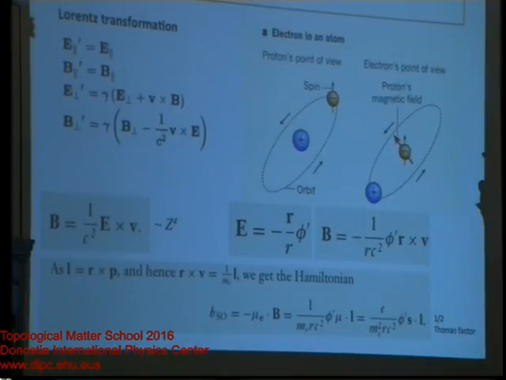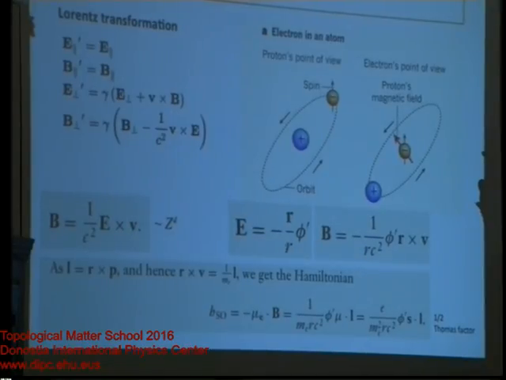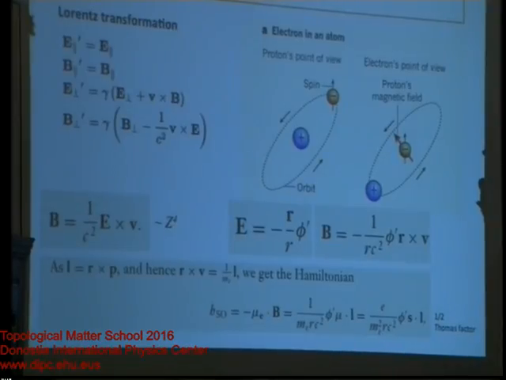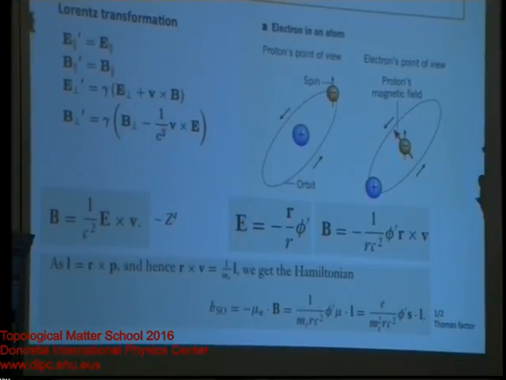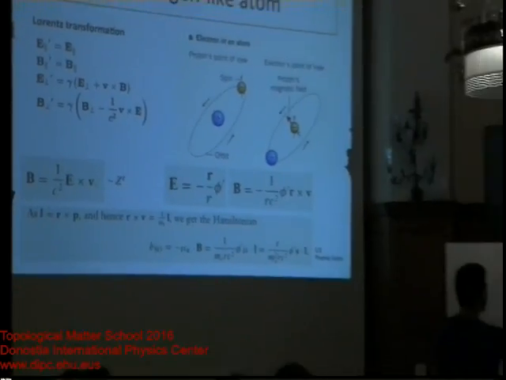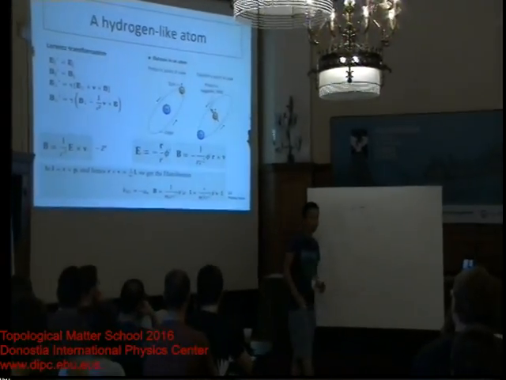Others really don't matter. This B is just the external magnetic field, and in this atom case, we don't have that field. Then we only have this gamma and v cross E term. v is just the velocity of the coordinate system, and E is the electric field. What we already have is just E and v.